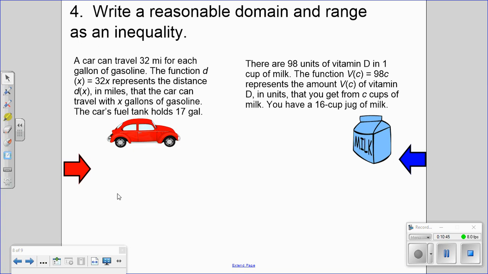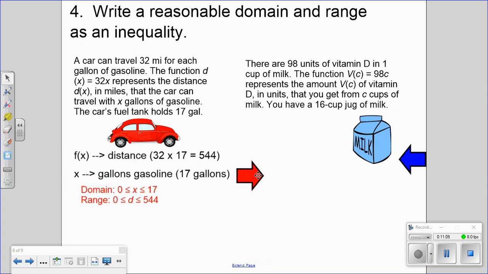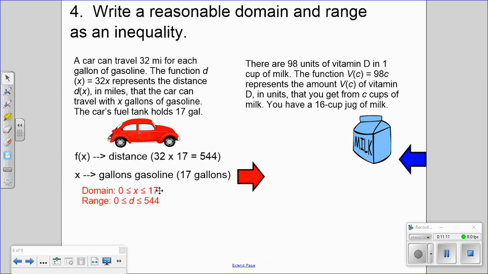Last one here is that we want to look at writing reasonable domain and range. So here we have our equation. Our domain, when we're looking at this car's fuel tank, this car only holds 17 gallons. So for the domain, it can only go up to 17.